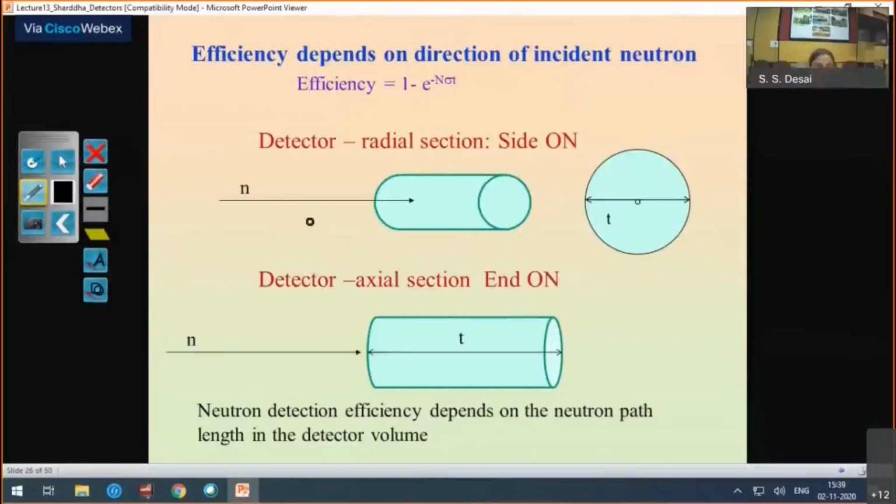Suppose we have a small cylindrical detector. The same detector can show us two different efficiency values. It depends on which direction we are using it in. Suppose we use it in the radial direction, with a circular edge of the detector incident with the neutrons.